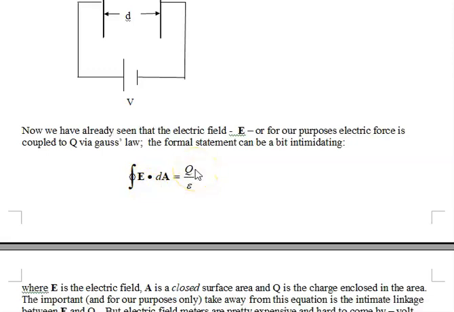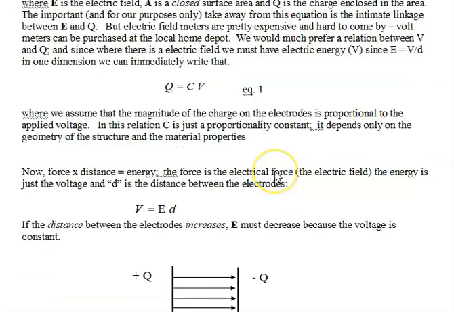Twice as much charge. The density of the lines stays the same, which is another way of saying that the electric field stays the same, but there's twice as many. So in order to have that all work out, the charge Q must double, and if the charge Q doubles with constant voltage, what happens to C?